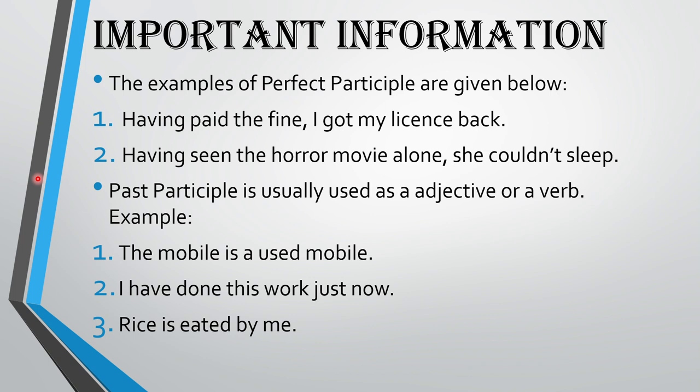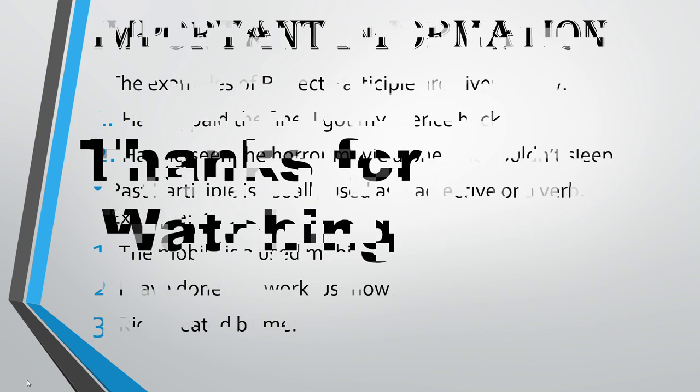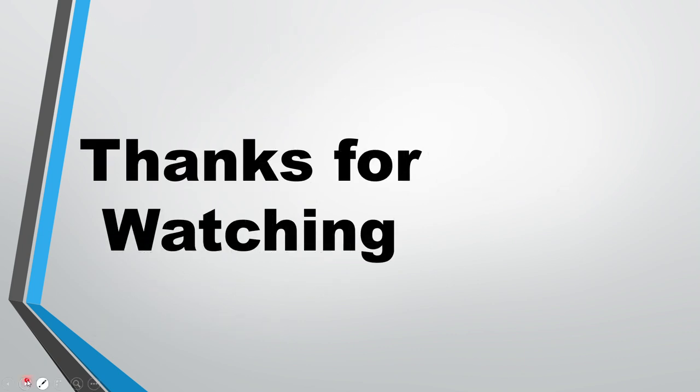There, done is used as a verb in present perfect tense, so it is a past participle. And: rice is eaten by me. There is the passive form of a sentence, and eaten is used as a verb, and it is the past participle form of the verb.